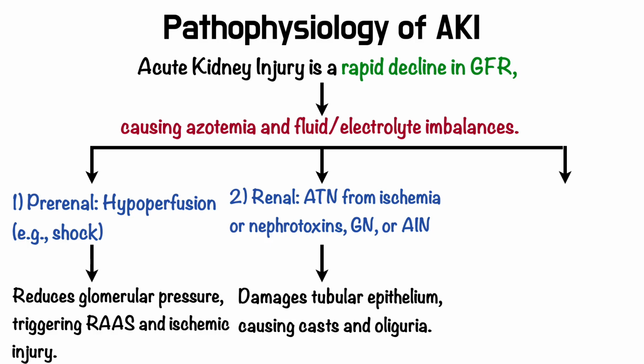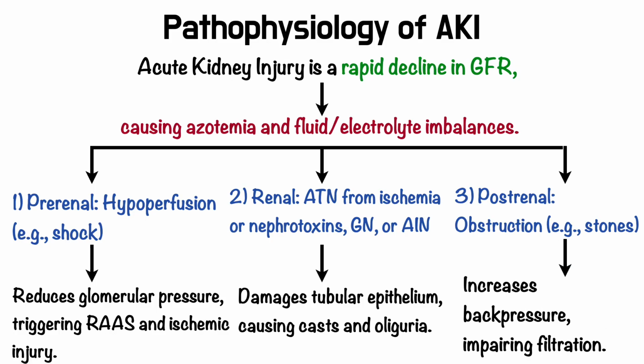So in renal there is intrinsic obstruction. In post-renal it can be due to intrinsic or extrinsic obstruction. Intrinsic obstruction can be due to renal calculi or stones, and extrinsic can be due to tumors or BPH, right? So this will increase back pressure, impairing filtration. I talked about that earlier.